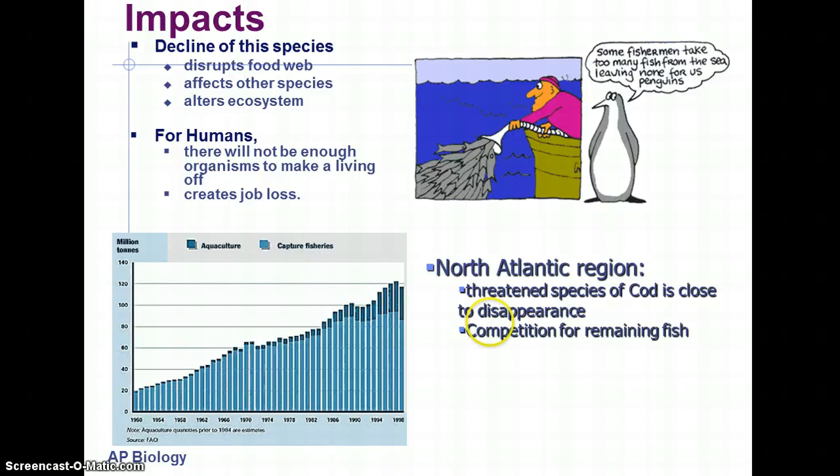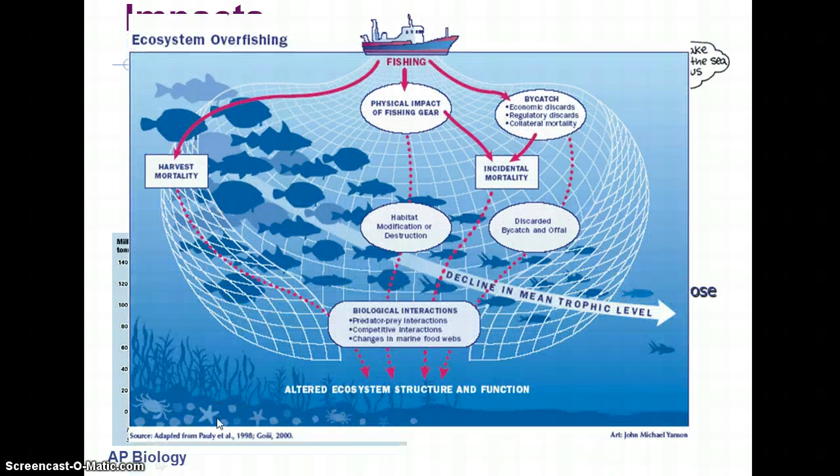We are aquaculture, so we're raising a lot of them. Oops, sorry. Aquaculture is the darker. We're still capturing most of them. And this is also how we fish a lot of times, with these great big nets, so we don't even really care what's happening.